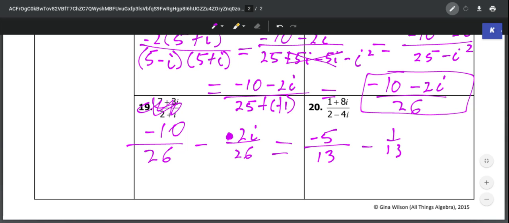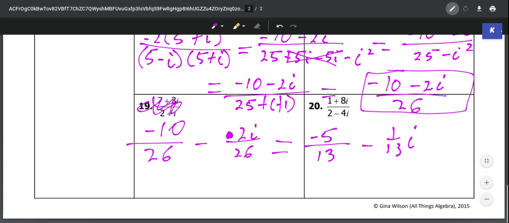As long as those have the same denominator, we can rewrite this as negative 5 over 13 minus i over 13.